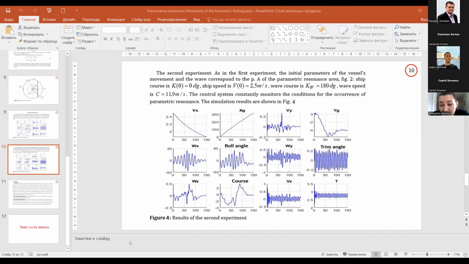At the same time, the control system maintains a safe course with an accuracy of 2 degrees. Results also show that during the decrease in speed, an increase in the amplitude of oscillation in the roll channel is observed, which reached about 40 degrees by time 60 seconds.